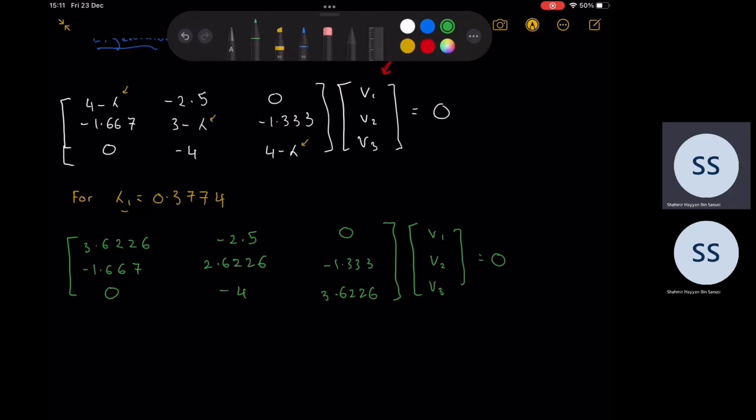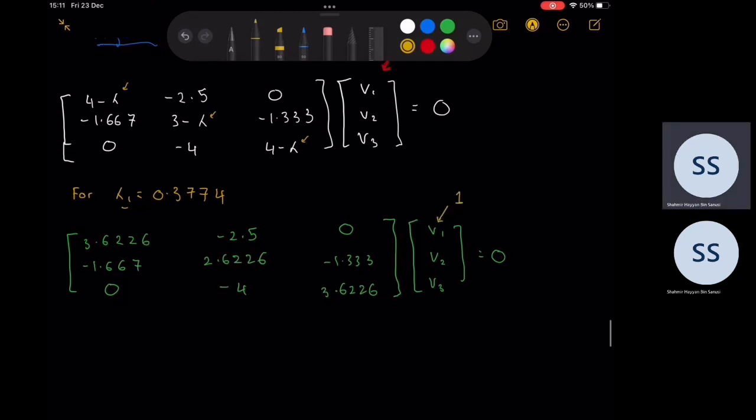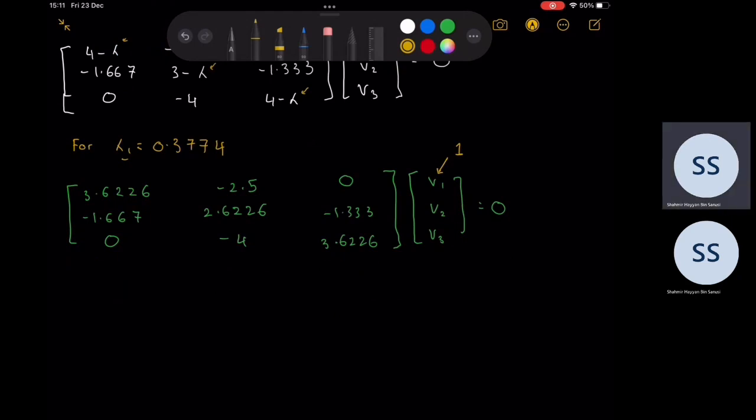If you remember, in second degree of freedom, in order to obtain the values of V1, V2, and V3, we normalized V1 equal to 1. So if you look here, to get the V2 value, we can use the first row, whereby 3.6226 multiplied with V1 minus 2.5 V2 plus 0 V3 is equal to 0.